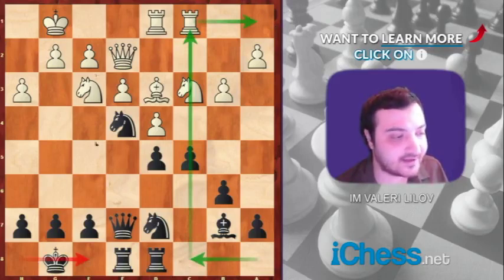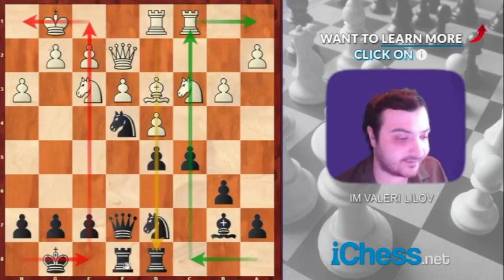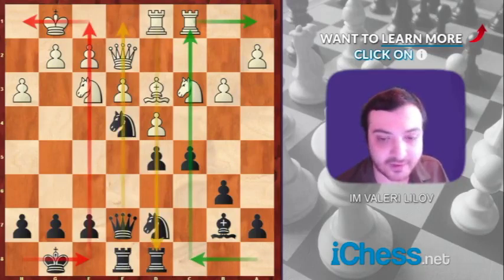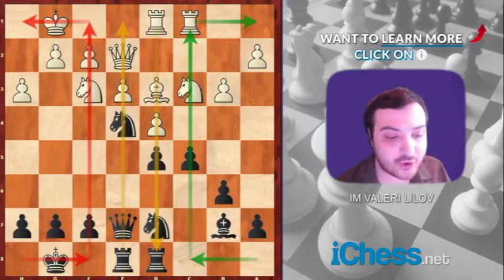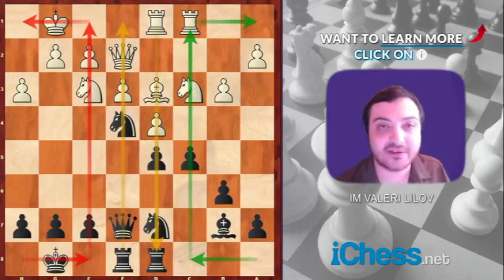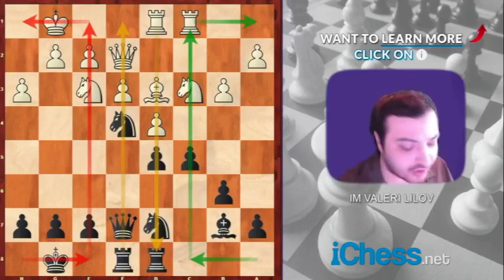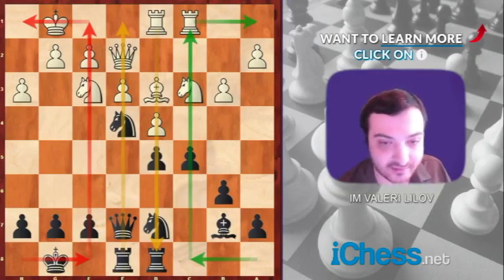Queen side, king side, and the center. You can put any color you want on them. Essentially, the idea is that those are the 3 most important sides. And your job, your goal, is to think about each of these three and sort of discover where you will have more possibilities.